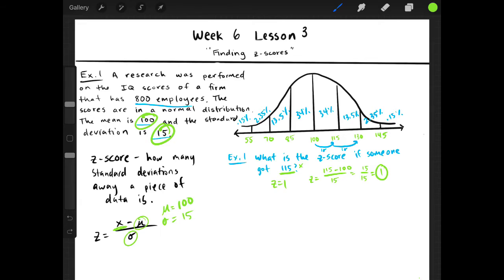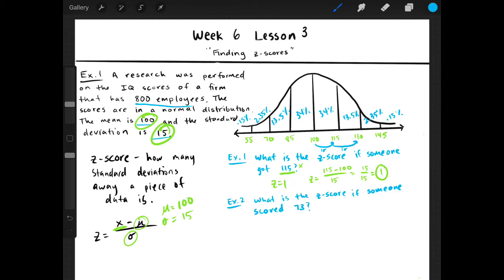We're going to do another example here, one that's not as nice. Example 2. What is the z-score if someone scored, let's say, 73?